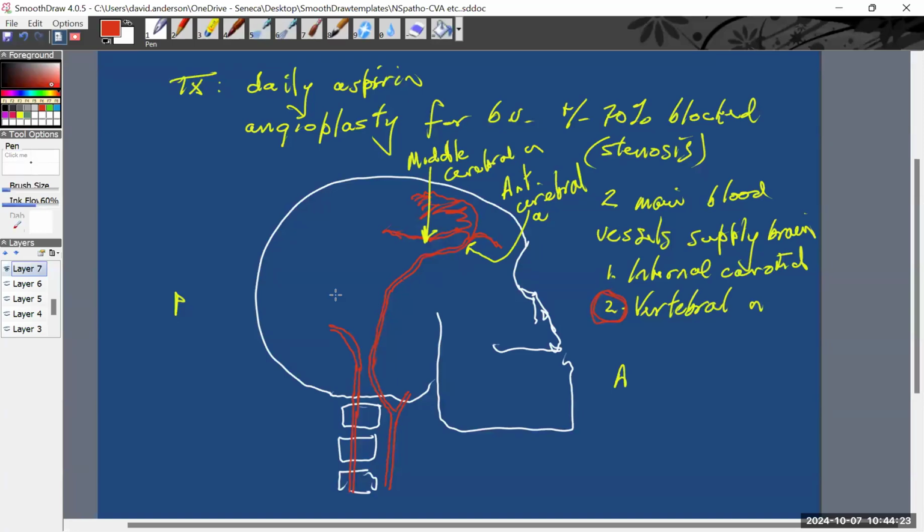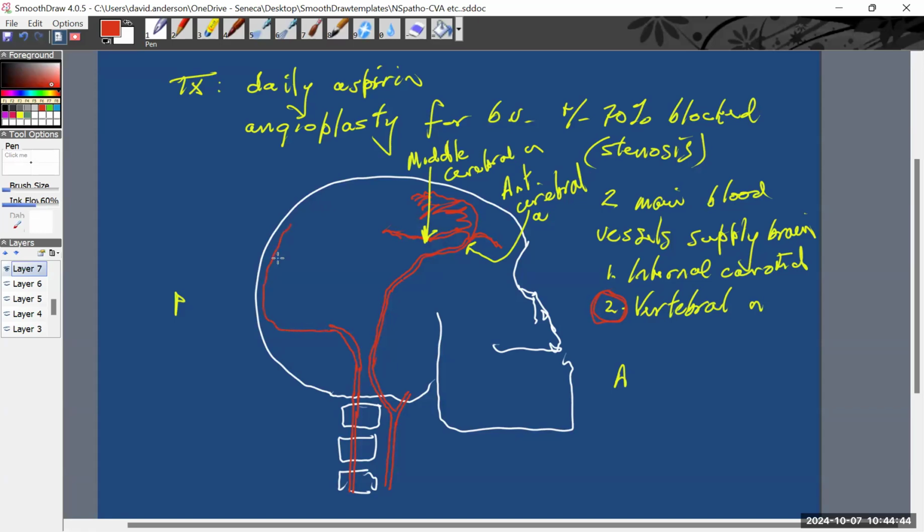The right and left vertebral arteries join together to form the basilar artery, and that basilar artery is going to travel with the brainstem and enter the central parts of the cerebral hemispheres and give off our posterior cerebral artery.